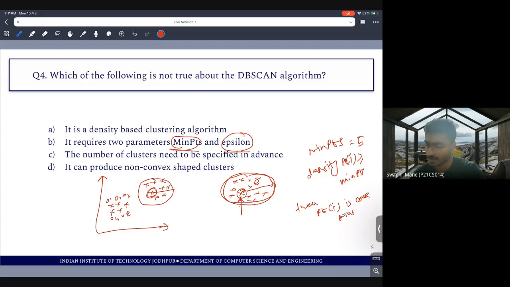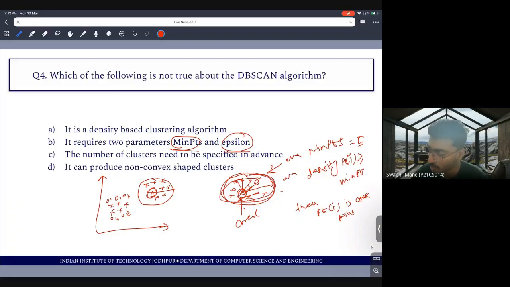Understood? Okay. Then we find which points fall into the core. If this point is a core, whatever points fall into this circle are connected to this core. Are you getting my point? So this is the core, and whatever points fall into this circle, we represent this circle as one cluster.